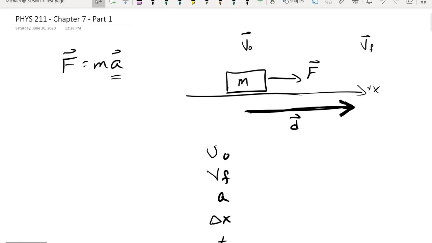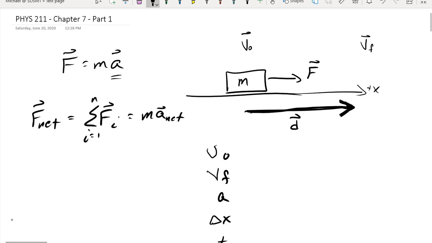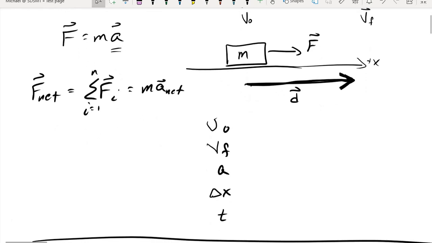We started using all of that with our chapter 5, chapter 6 material discussing force, and force was what allowed us to actually find out why a mass is accelerating at the rate that it does. And if we had multiple forces acting on a mass, then we could take a summation of those forces to describe the final actual net acceleration of that mass.